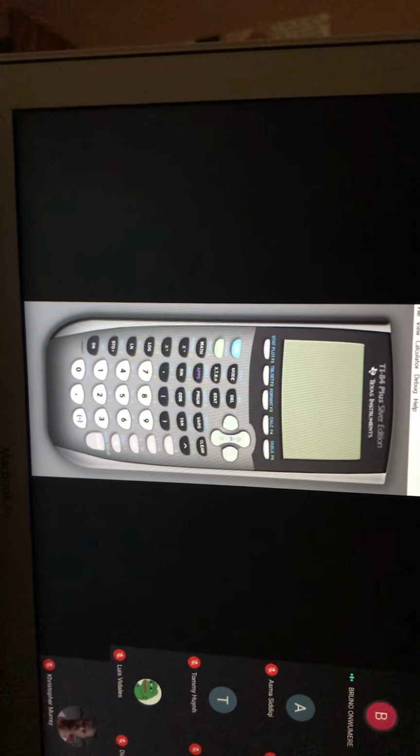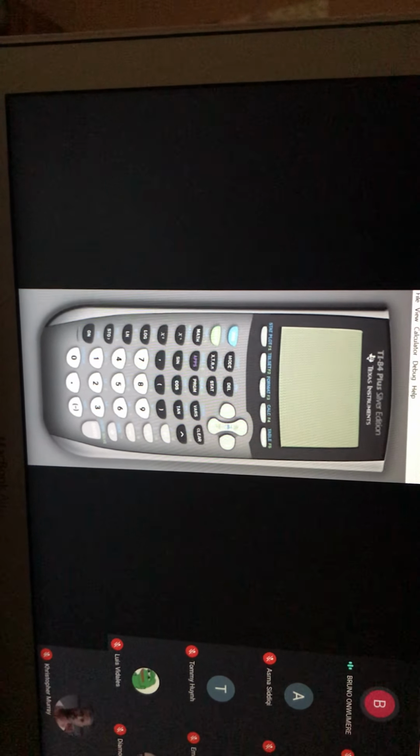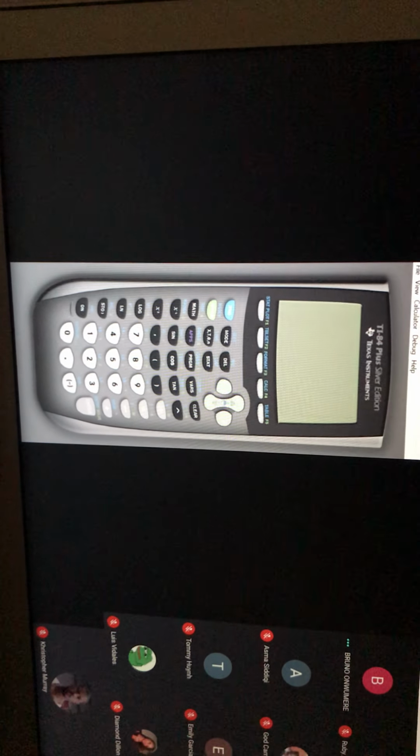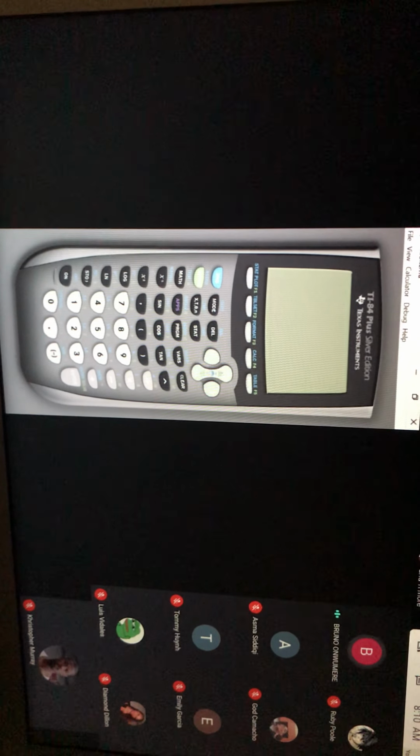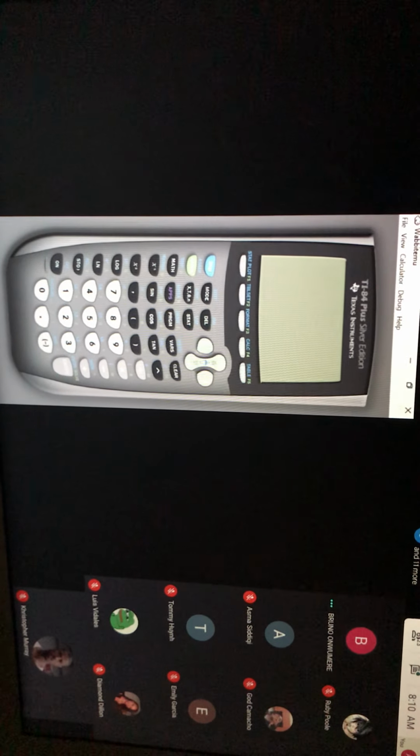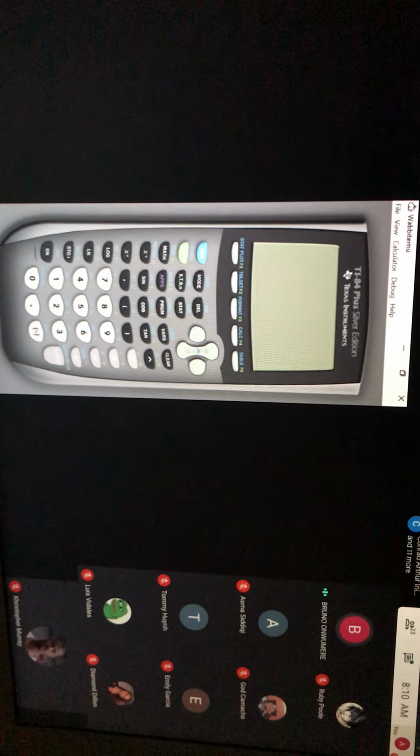Everybody, please, you need to listen to me. You need to learn how to do this. Everybody, remember the equation we put? Go to Y1 and put that equation quickly. Go to Y1.